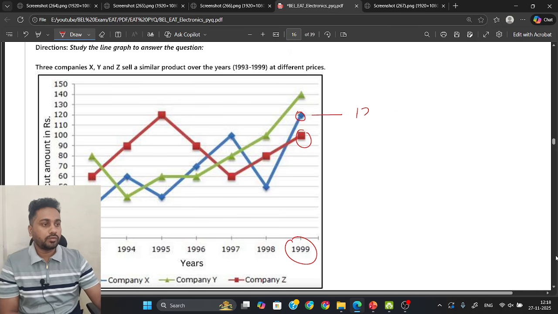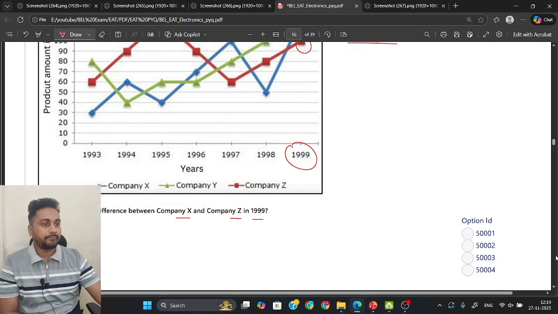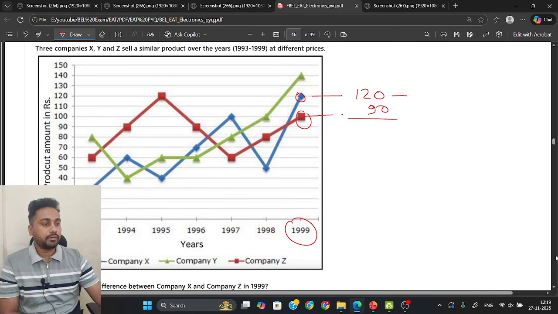This has 120, minus this one, which has 90. So 120 minus 90. Only the difference he is asking.